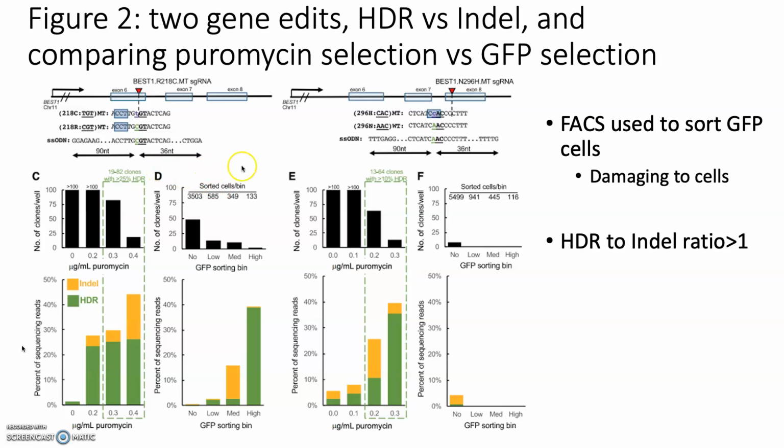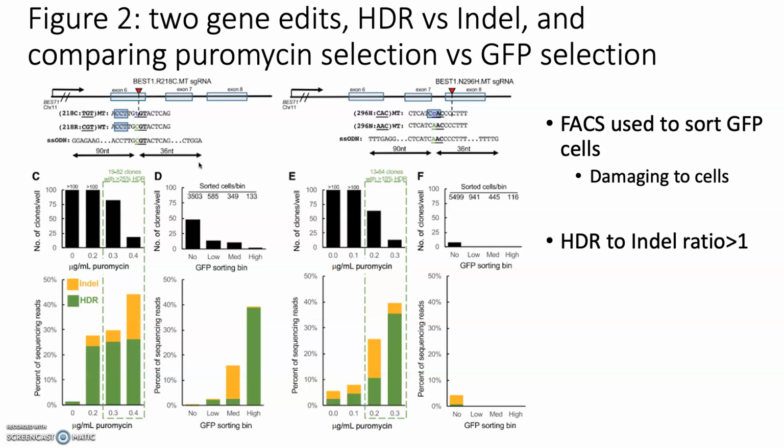This component here, D and F, compares this process of stringent selection with puromycin to another option that other studies have used, which is GFP, or fluorescent selection, using FACS, or fluorescence-activated cell sorting, which we have discussed in the lecture before, where they take an individual line of cells, and then cell by cell, based on the fluorescence, they're sorted.